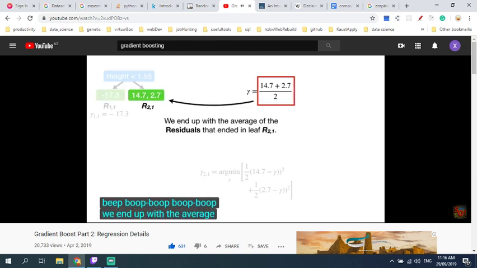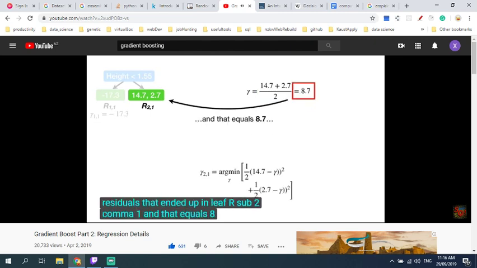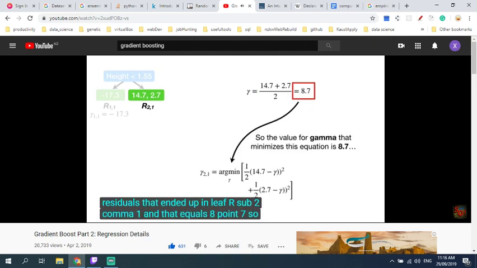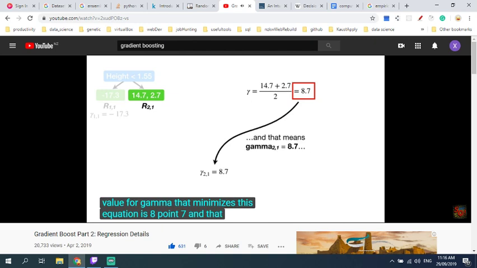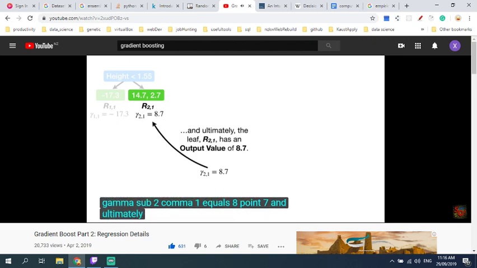We end up with the average of the residuals that ended up in leaf r sub 2,1. And that equals 8.7. So the value for gamma that minimizes this equation is 8.7. And that means gamma sub 2,1 equals 8.7. And ultimately, the leaf r sub 2,1 has an output value of 8.7.